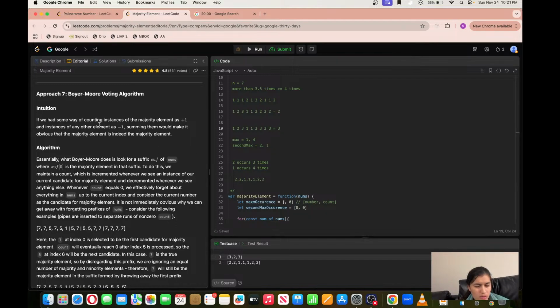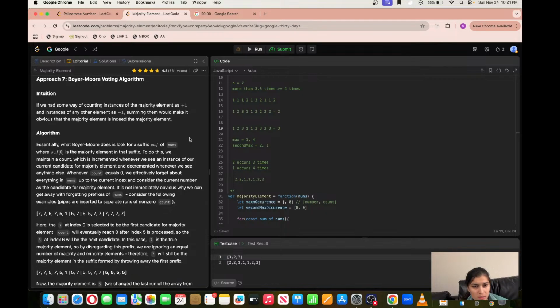If we add some way of counting instances of the majority element as +1 and instances of any other element as -1, then summing them would make it obvious that the majority element is indeed the majority element. Interesting. What is it saying? It's interesting, but I do not understand. So okay, 2 2 2 1 1 1 1 1.